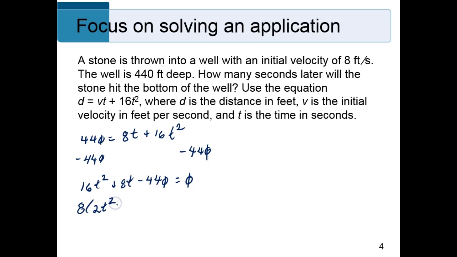2t squared plus t minus 55. And that's equal to 0. Okay? Next. What you think?